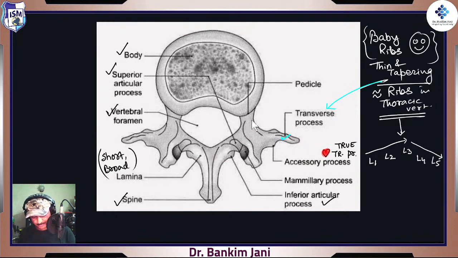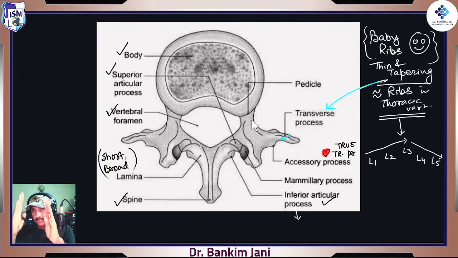I'll just remove this so that the point is clear: these two inferior articular processes are nearer to each other as compared to the superior. Getting it? So in L1, the superiors are like this, the inferiors are like this.